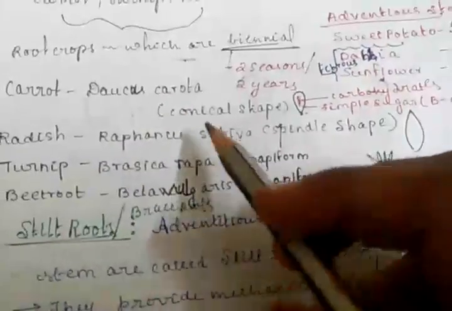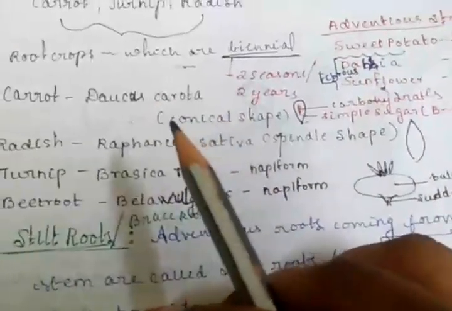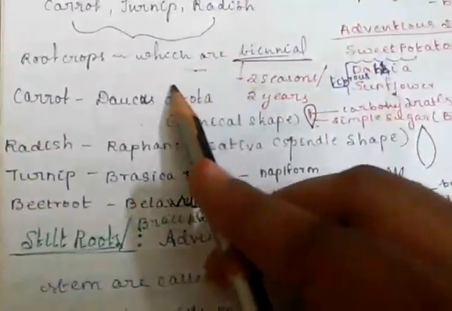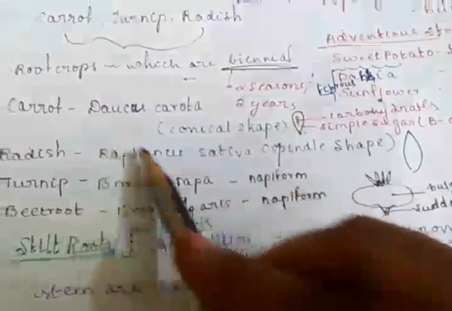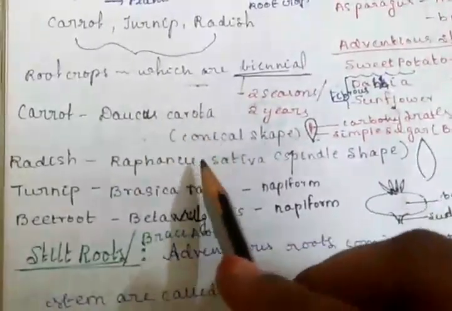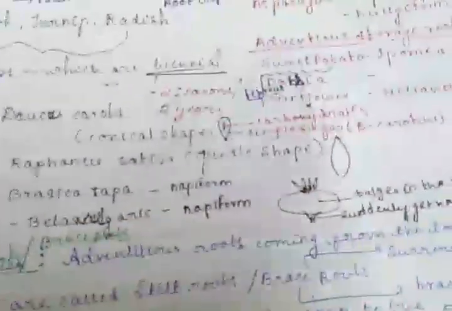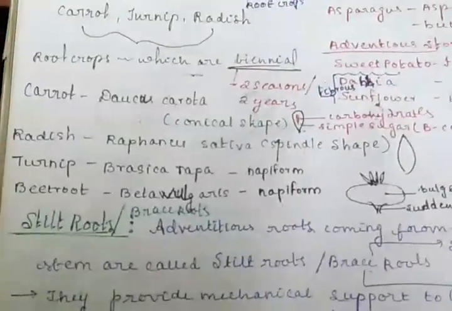You don't need to follow my writing, but the scientific name is the same. Here small letter, here capital letter. Carrot, Daucus carota, is in conical shape.